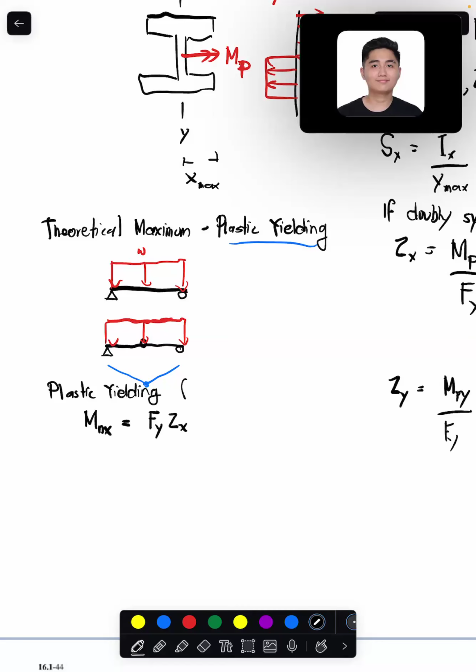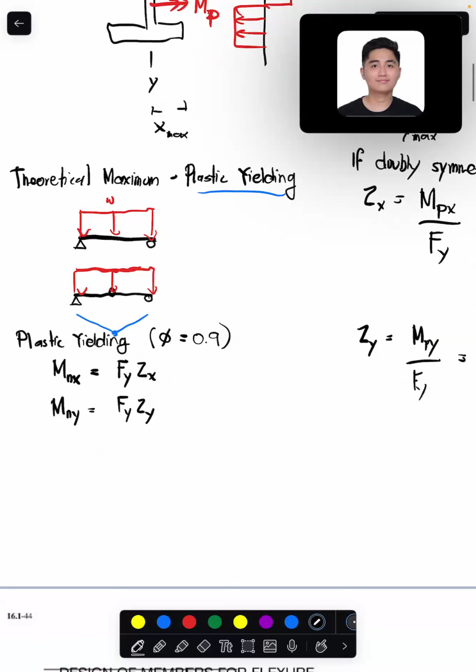And take note that for this limit state, the strength reduction factor is equal to 0.9. The same goes for bending along Y, so you have Fy Zy. You have Zx and Zy, which you can get from Table 3-1.